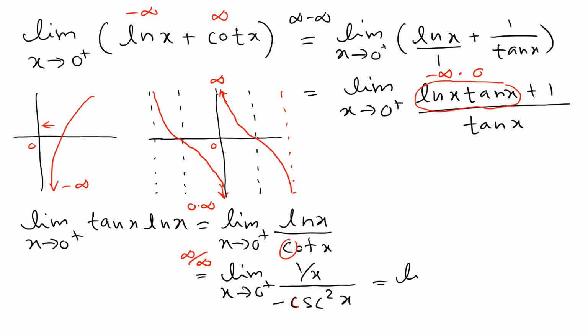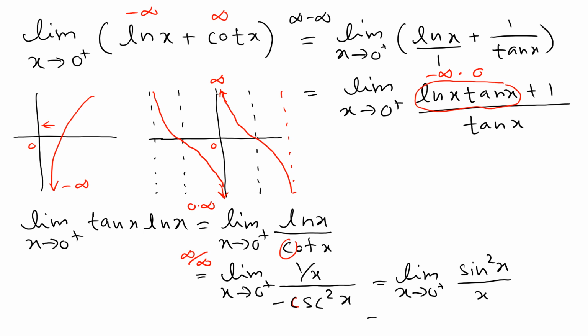The limit x goes to 0 plus, I'm going to multiply the top and bottom by sine squared. Then the cosecant is cancelled because it is 1 over sine, so the bottom becomes sine squared x. Then you multiply the top and bottom by x, so the x gets cancelled from the top and goes to the bottom.